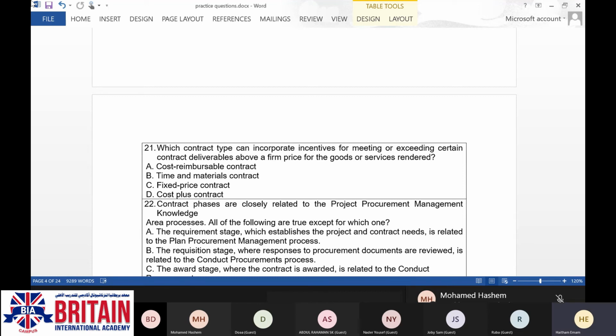Second subcategory of the cost reimbursable contract is called cost reimbursable with incentive. He is going to be awarded the actual cost plus a certain percentage we have agreed upon if he has exceptional performance.